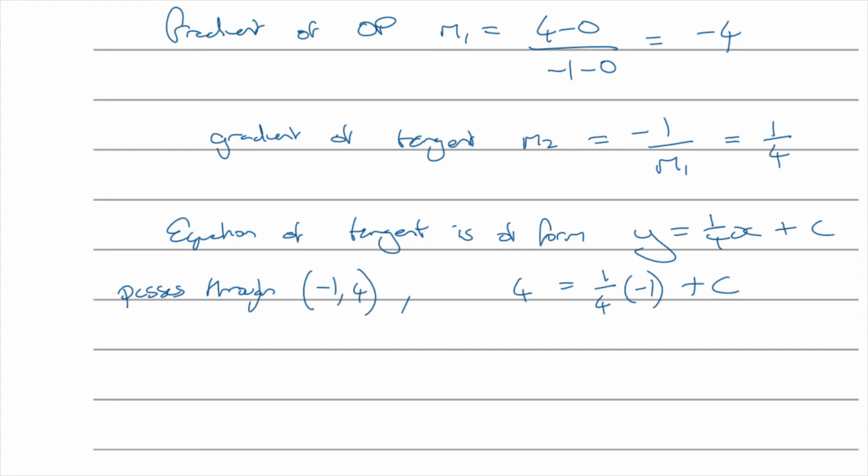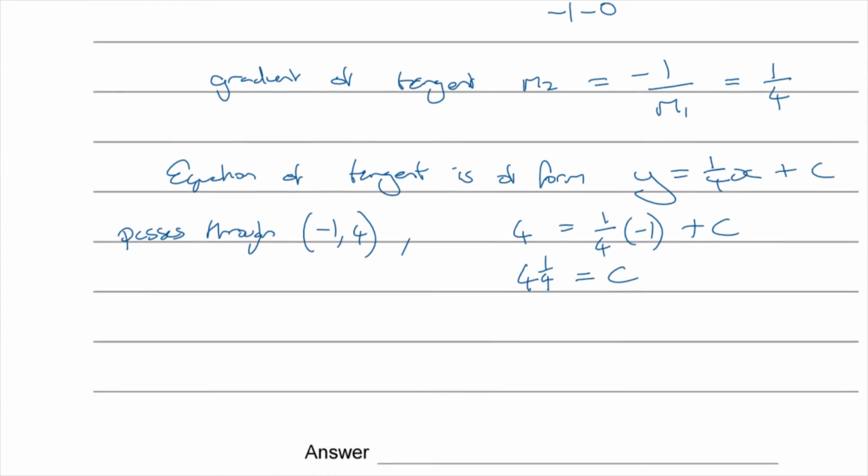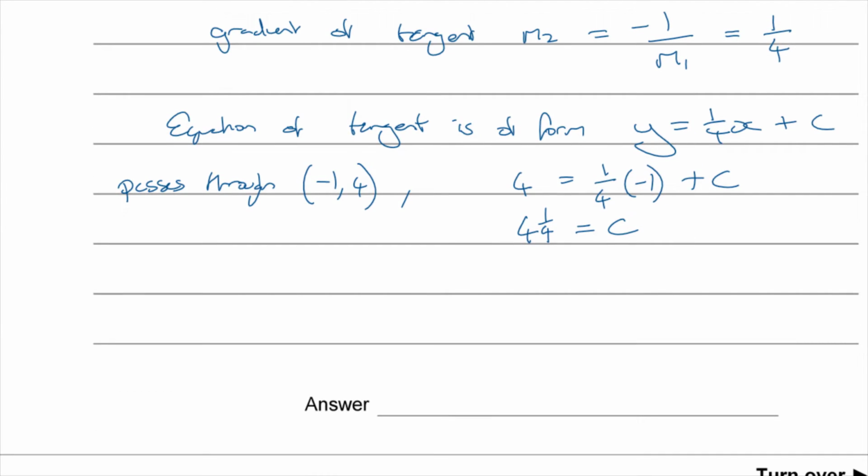So take that negative 1/4 to the other side. So c is 4 1/4. So then our equation of our line is going to be y equals m, which is 1/4, x plus the y-intercept, which is 4 1/4.